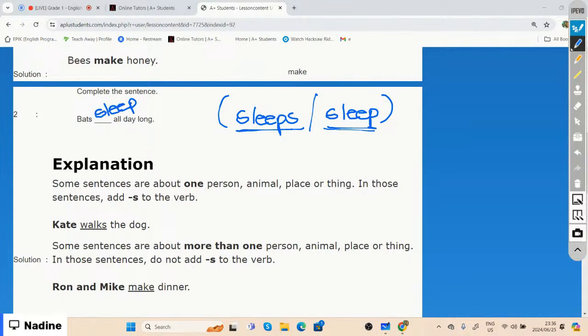Well done. Sleep is correct because we are referring to our subject being more than one animal doing something, right? It's more than one bat. So we say bats sleep all day long. We don't say sleeps. So well done.